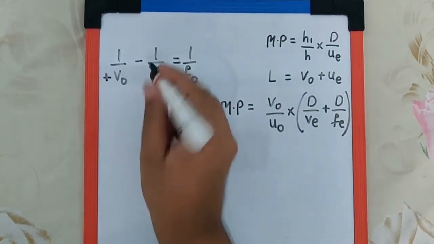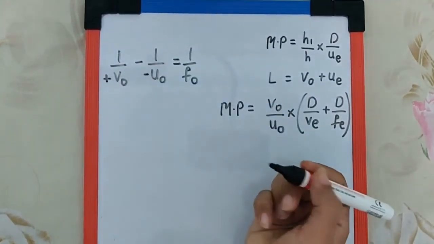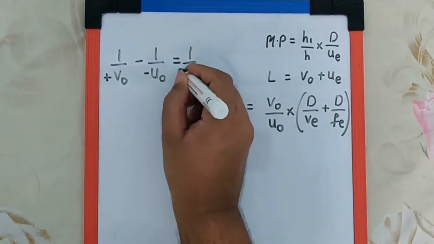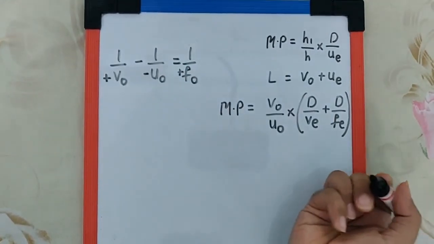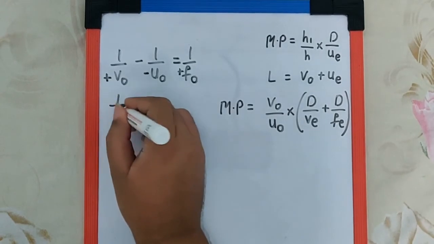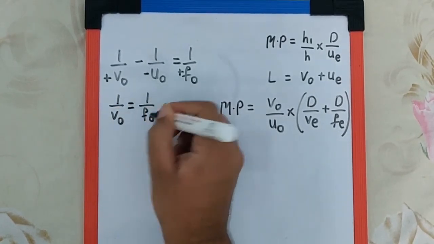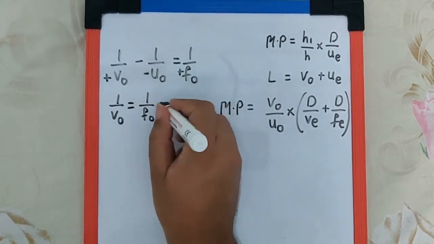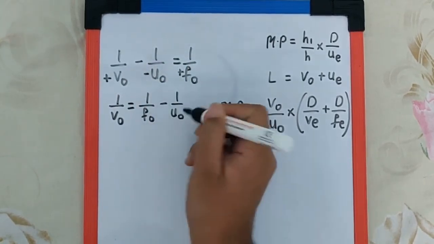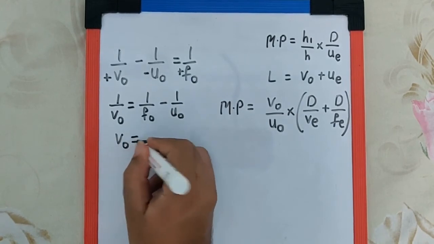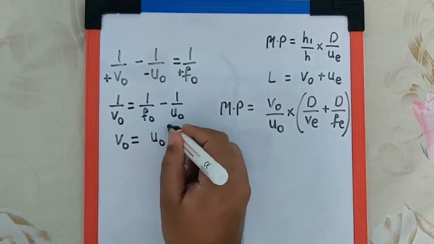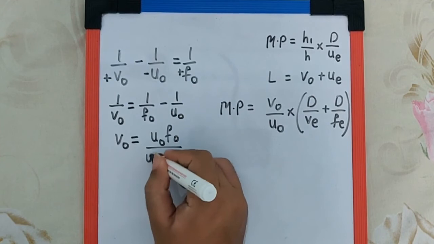The object was on the left hand side, so negative, and the lens is biconvex, hence the focal length is positive. So 1 by VO becomes 1 by FO, this positive goes over there and becomes negative, minus 1 by UO. So we can say VO becomes UOFO upon UO minus FO.